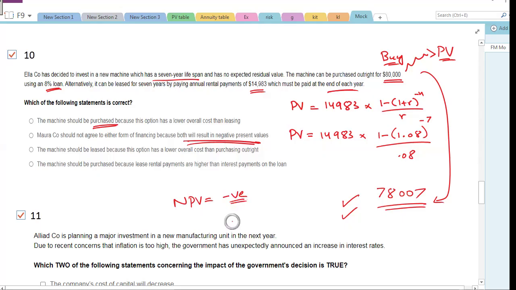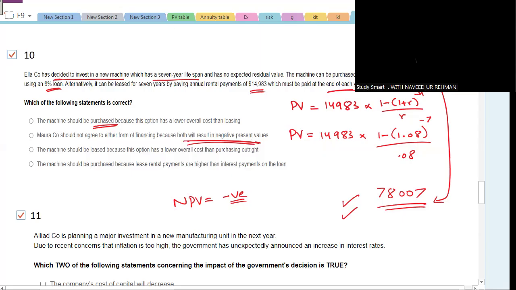Because we are just considering the financing cash flows. We are not considering the operating cash flows. So the negative NPV doesn't mean that we do not accept. We already decided that we will accept the project and invest in this new machine. So it's always going to be negative, and it doesn't mean that we will not do it. So this is wrong also.